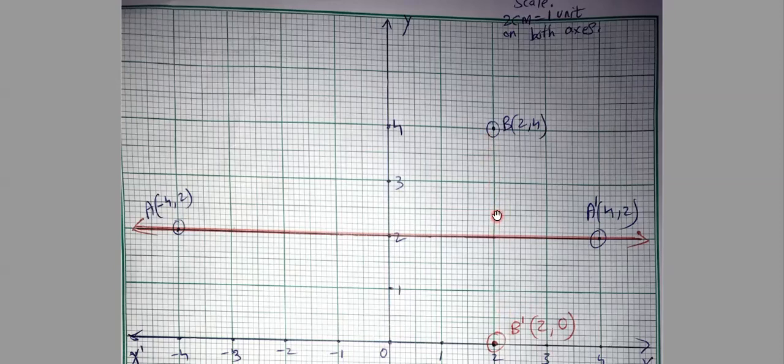Can I say two big boxes is the distance? So the same two big boxes is the distance of the image. And of course, rays travel in the same straight line.